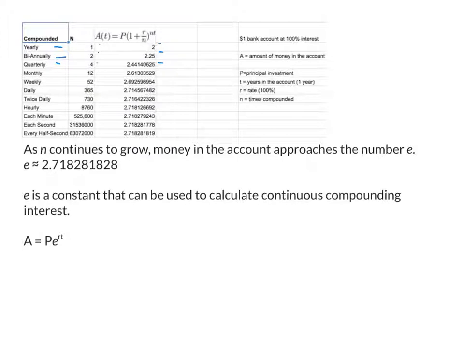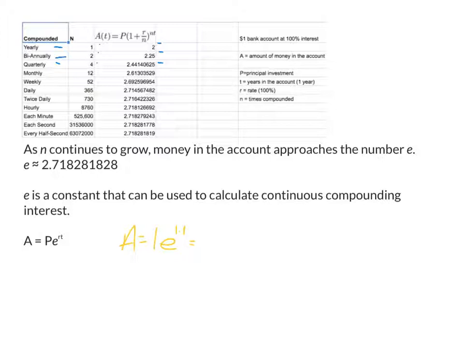And so, if I continue to use the same example from before, I have a new formula here, and it's sometimes referred to as the Pert formula because it's our principal P times e raised to the r times t. Our principal was still $1. We're going to take that times e raised to our rate, which was 1, and the amount of time we had in there was 1.